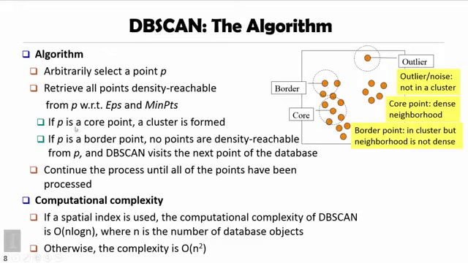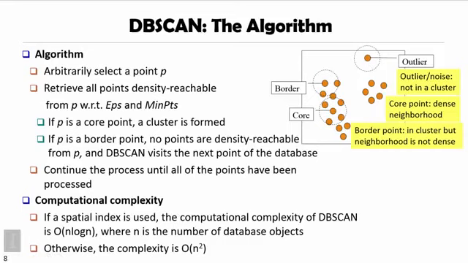If P is a core point, then the cluster is formed because from anywhere you can finally reach it. But if P is a border point, like this one, then no point is density reachable from P. For example, like this point, no point can be density reachable, then you will think this one is a noise or outlier.